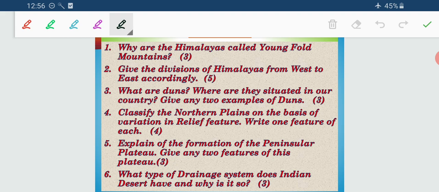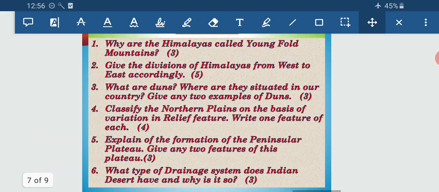And why is it so? Because it is a desert area, and during the wet season the streams appear on the sandy track, and during the dry season they again move within the sandy region. That is why it has inland drainage, or ephemeral type of drainage system.